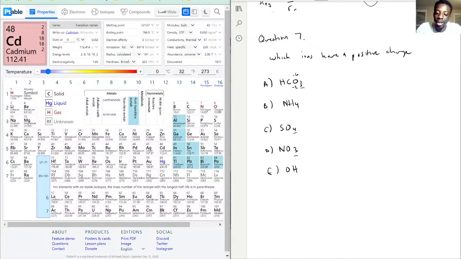Carbon has to make up for that, but carbon can only go so much. Hydrogen is going to be the +1 here, so +1 -6. Carbon can only go up to +4 because it only has 4 valence electrons. So 1 plus 4, that's 5, -6. HCO3 is -1. Okay, that is how you solve that one.